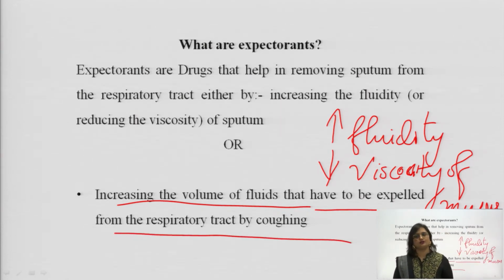So how does an expectorant work? It either increases the fluidity of the sputum, thereby decreasing the viscosity, or increases the volume of the fluid which is to be expelled out.